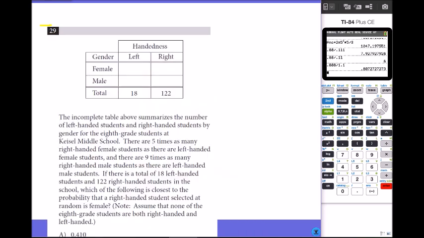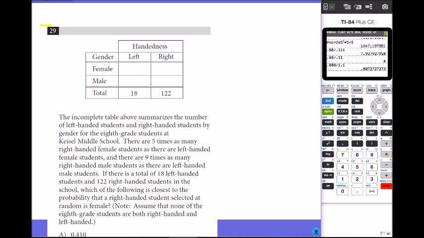29. The complete table above summarizes the number of left-handed students and right-handed students by gender for 8th grade students in a middle school, where there are 5 times as many right-handed female students as there are left-handed female students.